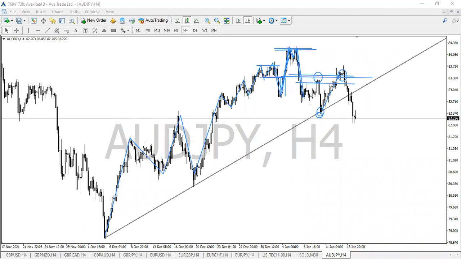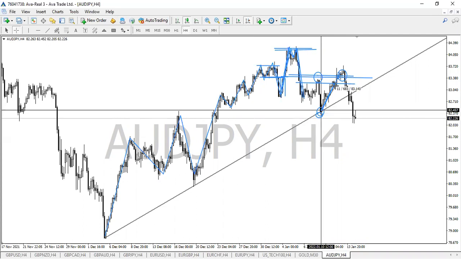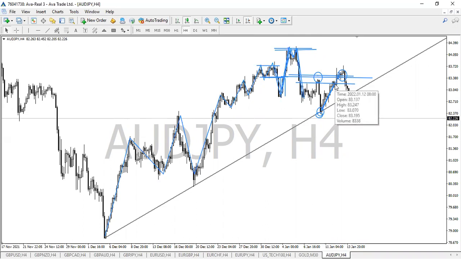And remember, this is H4, guys, which means the movement from here to here is a very, very big movement. Let me check how many pips. So we have 73 pips.